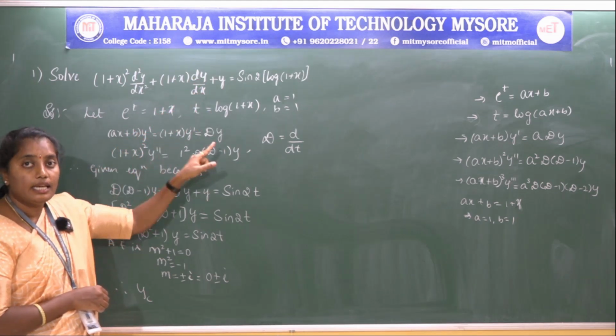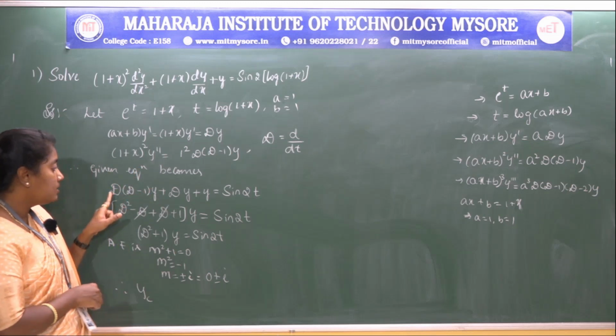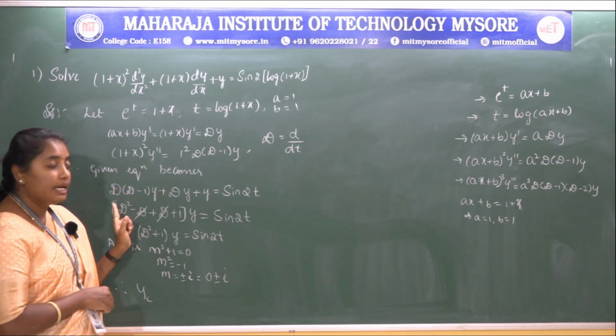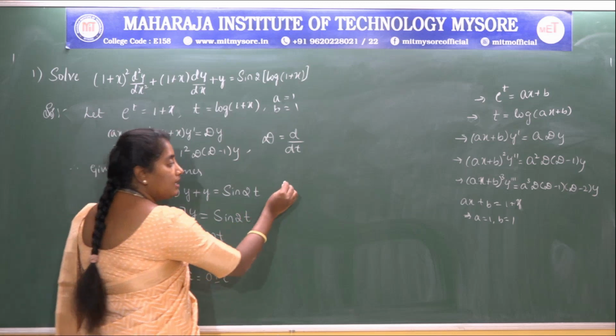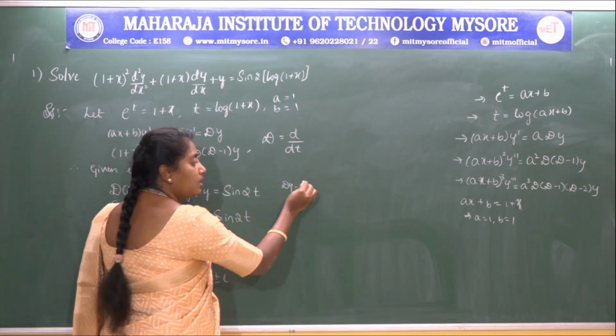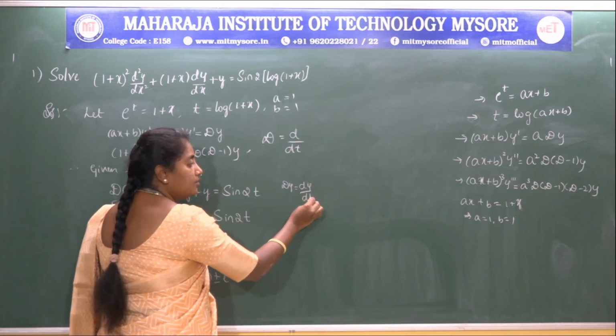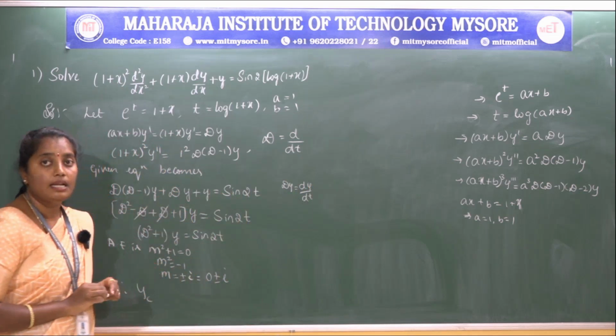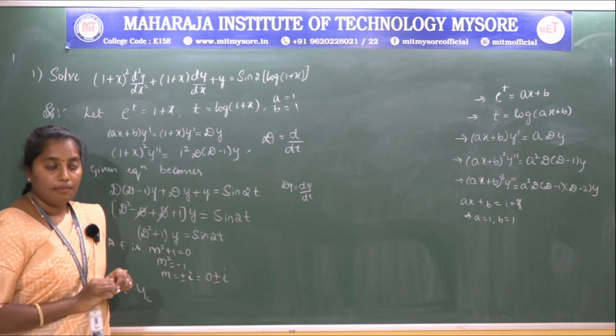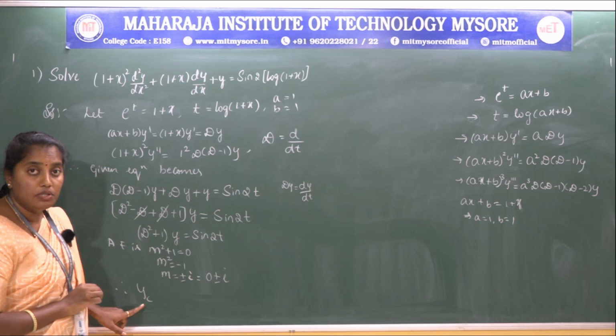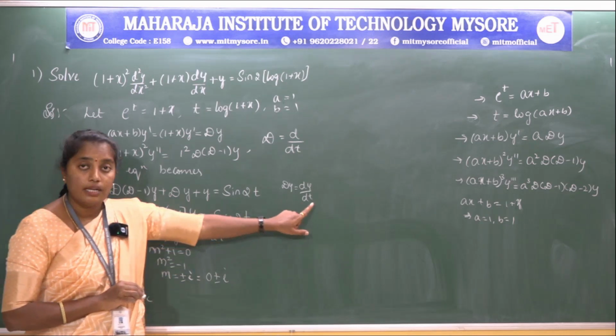But after taking the substitution, we are reducing the derivative to d by dt. That is nothing but dy is equal to dy by dt. Here y is the dependent variable, t is the independent variable. That means we have to write the solution of y in terms of t here.